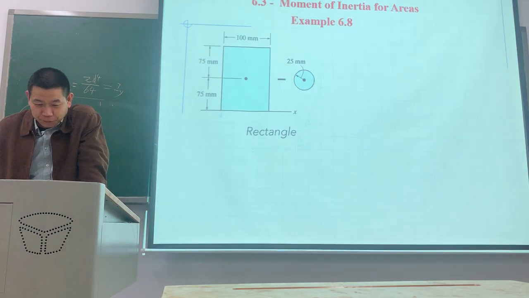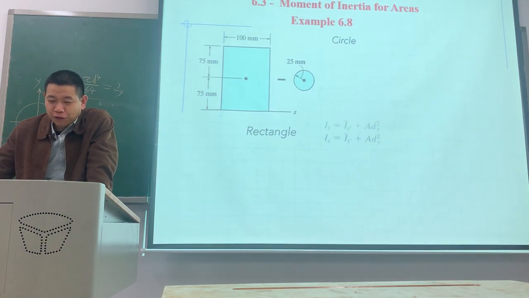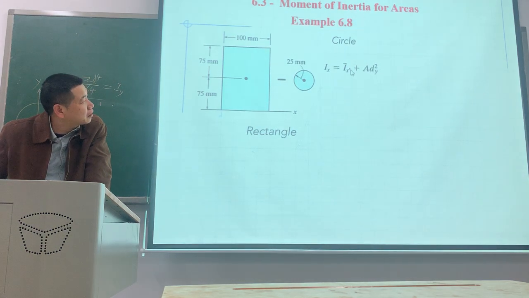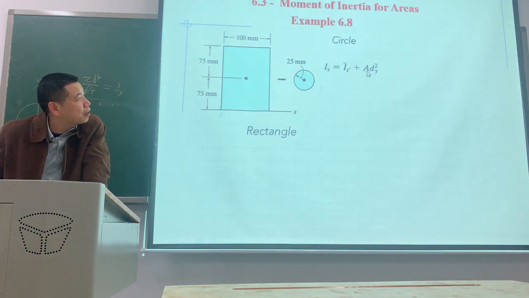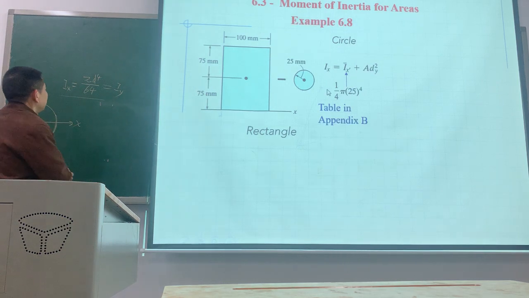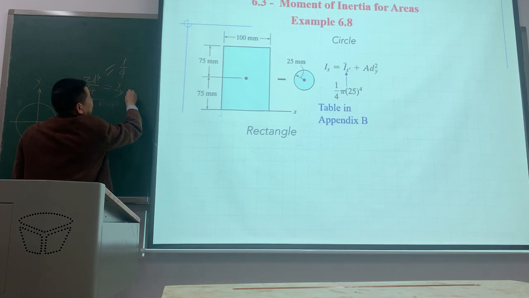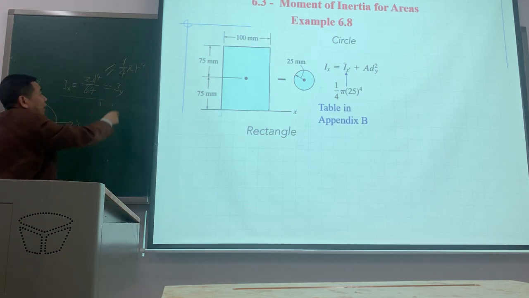So for the figure, Ix is Ix prime plus A dy square. It is the same now.